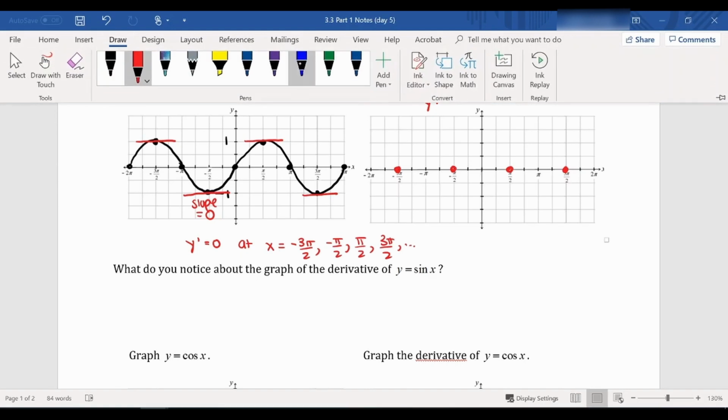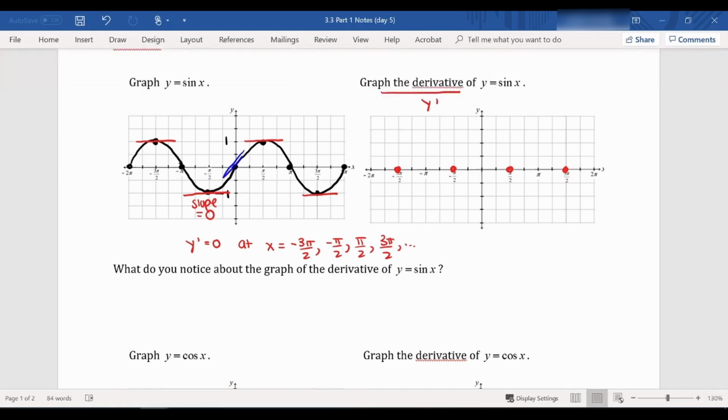We also could see that we have positive slopes here, here, and here. And at each of these values, our slopes are actually 1. And we could calculate that using our definition of a derivative at those x values, if we wanted to. So on the y-axis, we have a slope of 1.